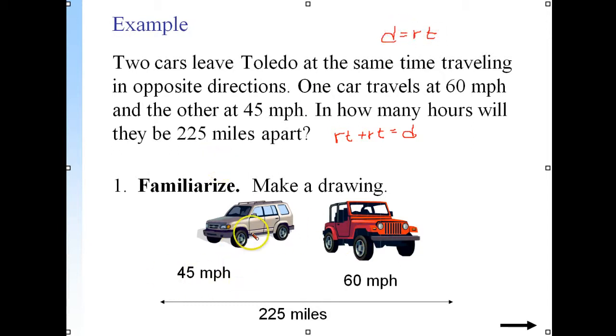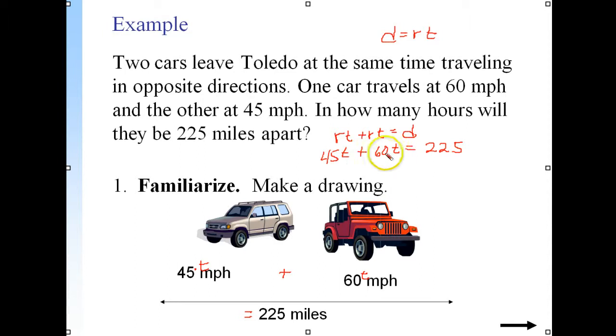So the time is going to be the same for both cars. So rate times time plus rate times time is going to equal the total distance. So 45t plus 60t equals 225. So in how many hours will they be apart?